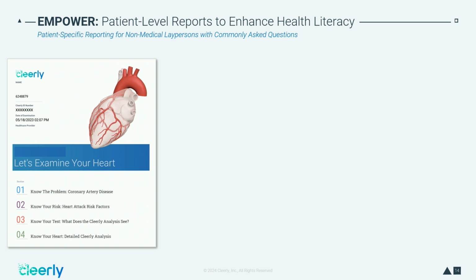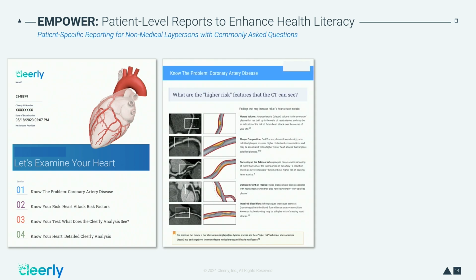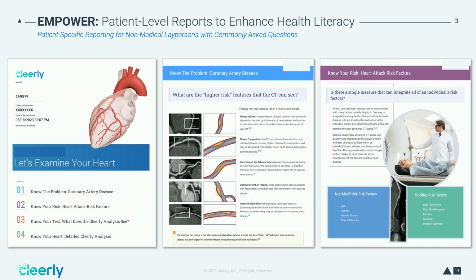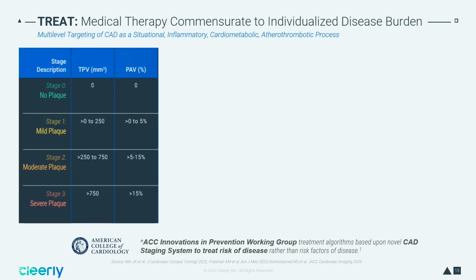The patients weren't really empowered by that. They didn't really understand it, and so we also generate a patient-level report written at, I think, an 8th grade reading level to really try to help non-medical lay people understand what we're getting out of that image so that they can be empowered by that.